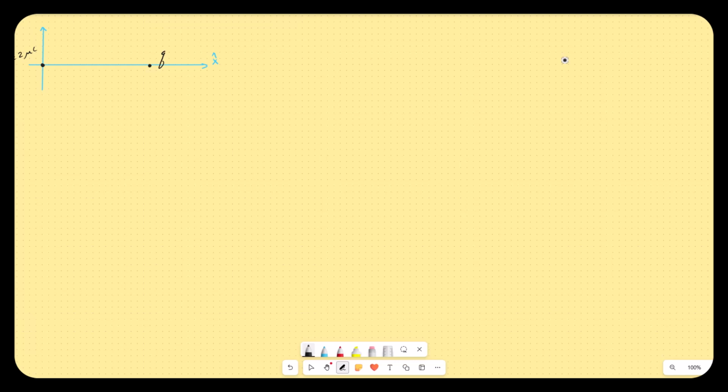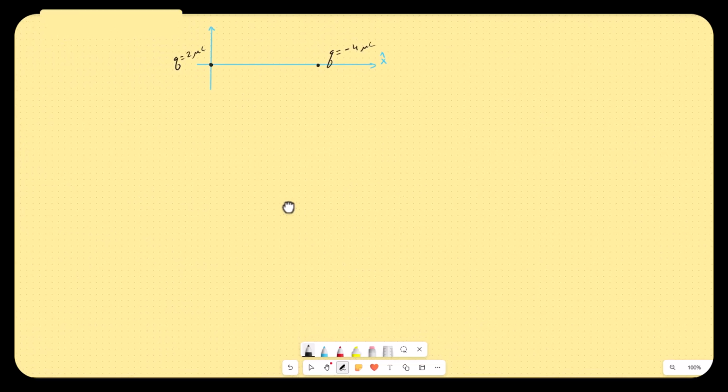Let's say Q equals -4 microcoulombs. That can be good. And I want to know, where can I put a third charge so that it feels no net electric field?